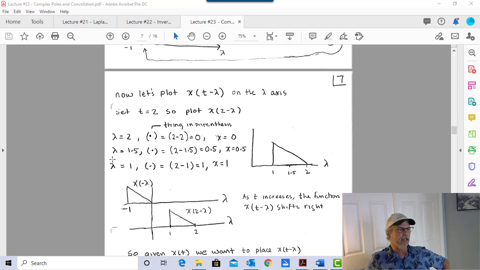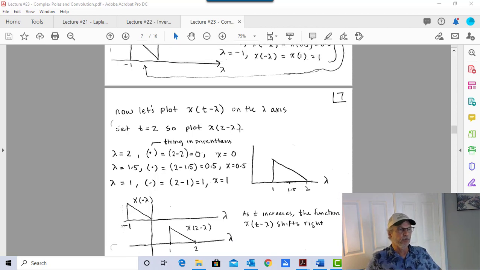So we'll say that lambda is equal to 2. So the thing in the parentheses, or my dot, is equal to 2 minus 2, t minus lambda. I'm at lambda equals 2 and t equals 2. So t minus lambda gives me 0. So x of 0 gives me 0. Here's my first point for lambda equals 2.